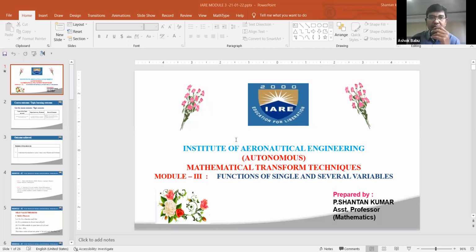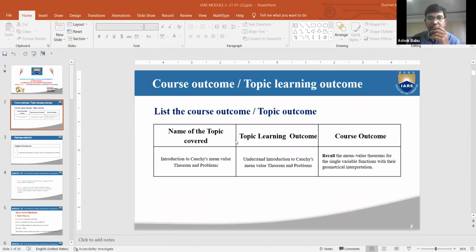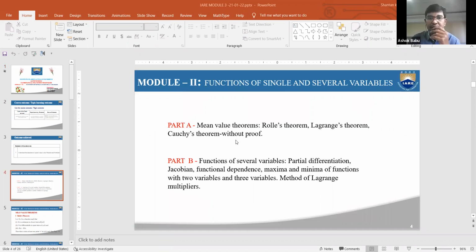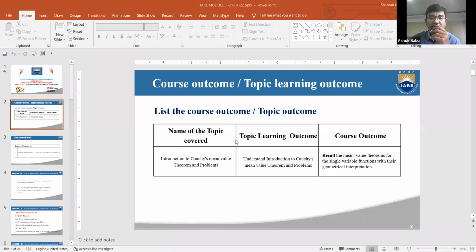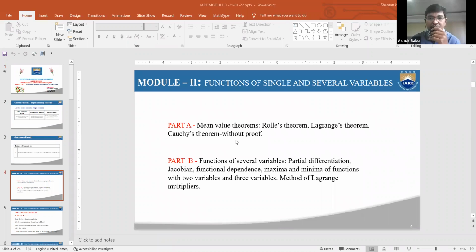Just to see once again, we recall that today this is regarding the introduction to Cauchy's mean value theorem and also some of the problems. It is part of module 3, like part A, the mean value theorem. Second one is part B, according to the second CAE examination purpose.